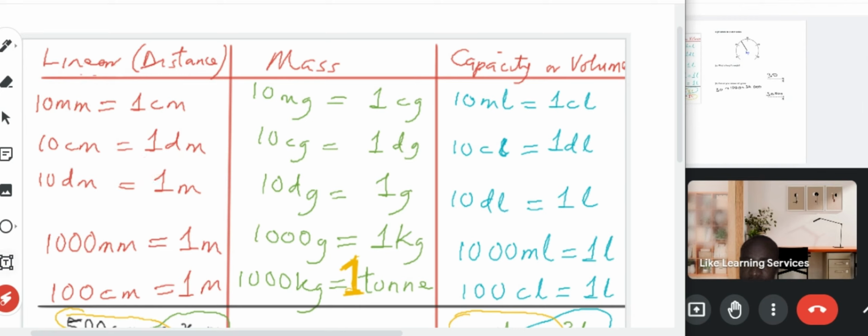I hope you heard what I said. Let me circle it in yellow. I want us to walk from here to here. Did you see what I circled? So how many millimeters make 1 meter?